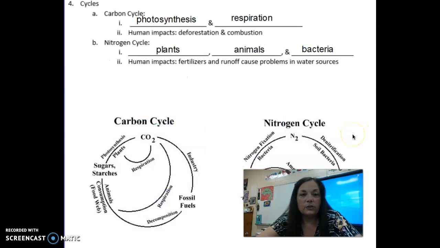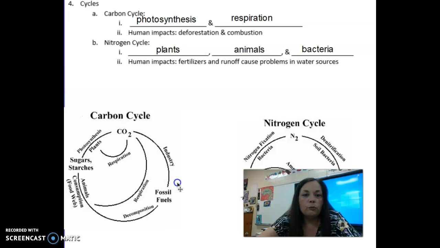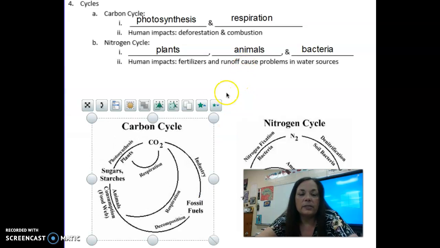All right, on this page, guys, remember that the carbon cycle and the nitrogen cycle are fair game on the exam. They normally ask like one question about each one, so of course if you get it wrong, it looks like we didn't learn that. The carbon cycle is here on the left. The two main things that drive the carbon cycle are photosynthesis and respiration.